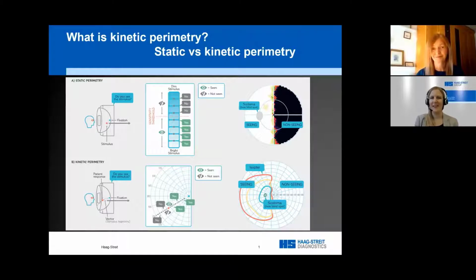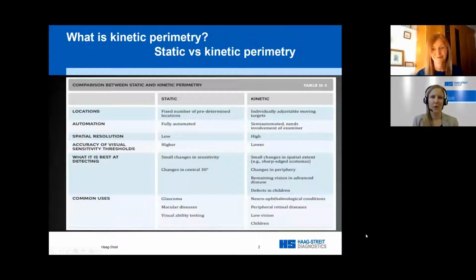Okay, so basically you can use both methods to map out the same defects, right? Exactly. Nevertheless, I think there are quite specific preferences for one over the other in certain instances. Could you explain the key advantages of kinetic perimetry compared to static testing?